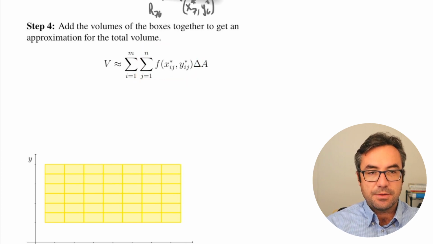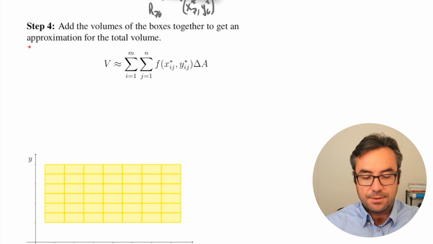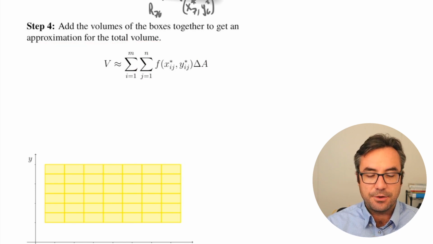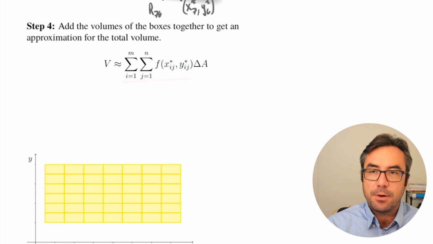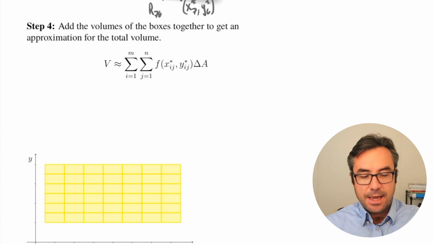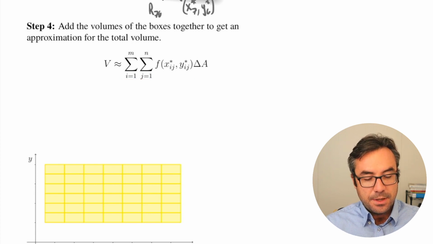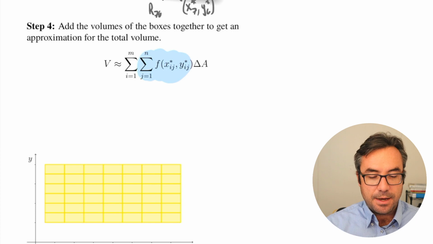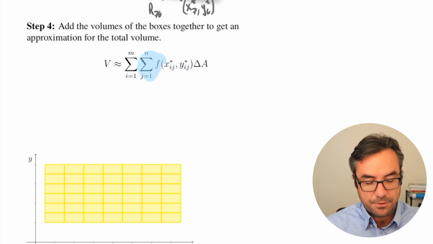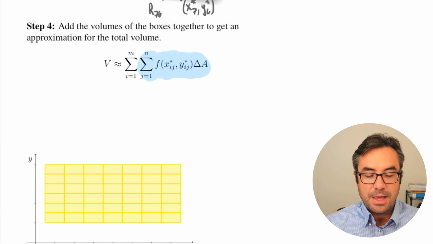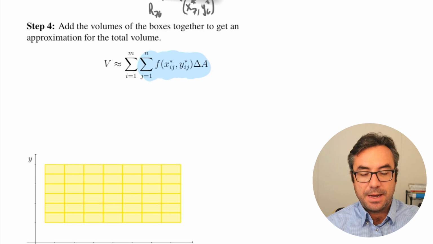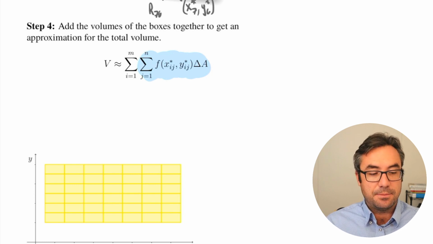So we can calculate this approximation for our total volume by essentially adding up all those rectangular boxes. And what we're going to do is add up all of the rectangular boxes in each column.